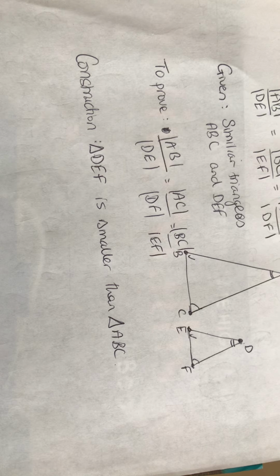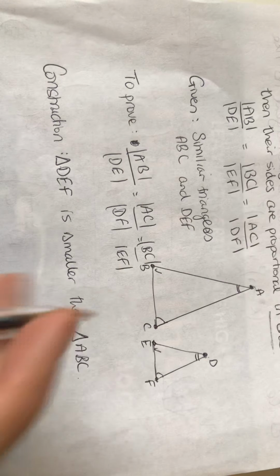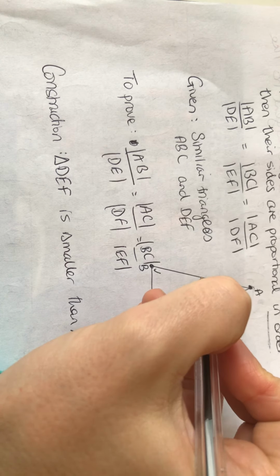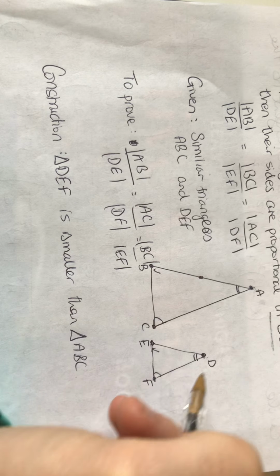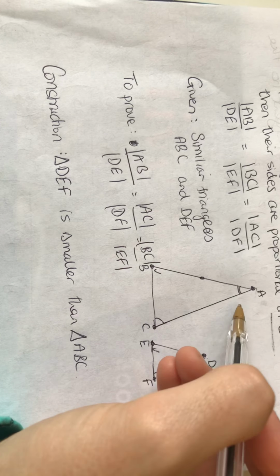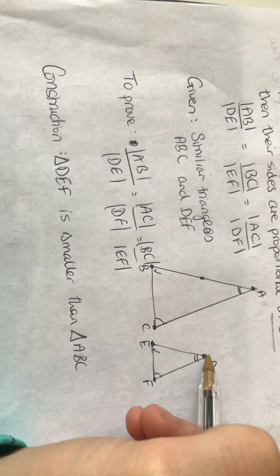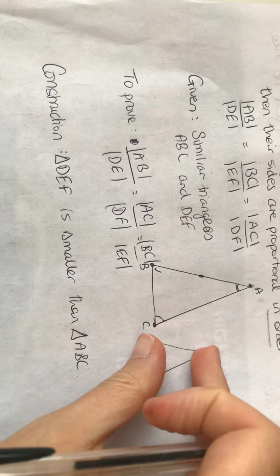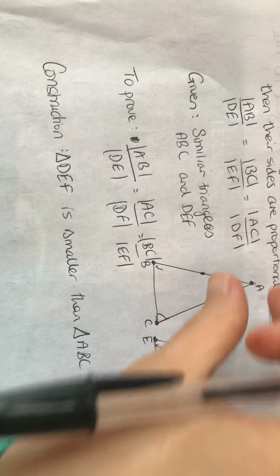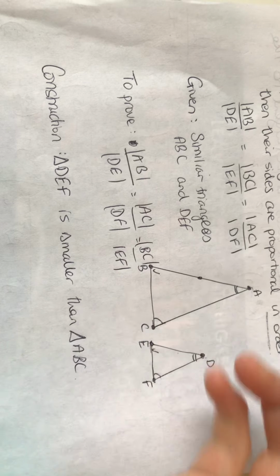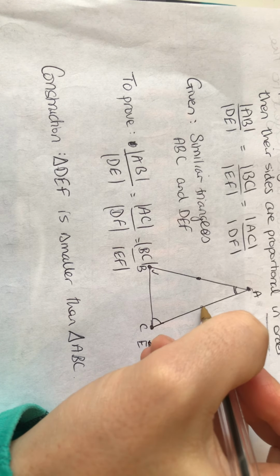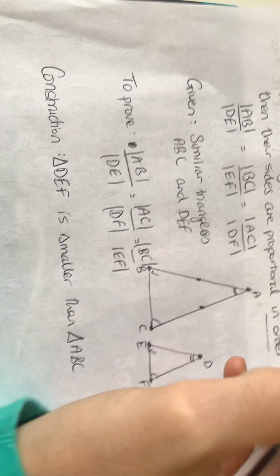I need to mark off a point on AB, and I need to mark off another point on AC, and the points that I mark off have to create the same length as DE and the same length as DF.